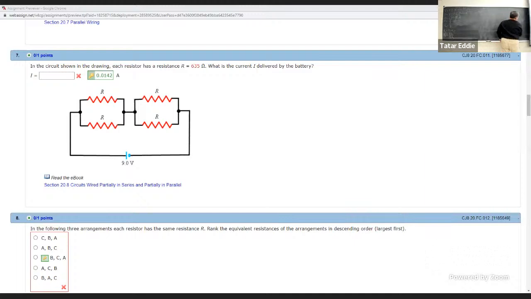So for my version, the voltage is 9 volts divided by the resistance of 255 is going to give you some number that you have to tell me. Can you do this division? 0.035.